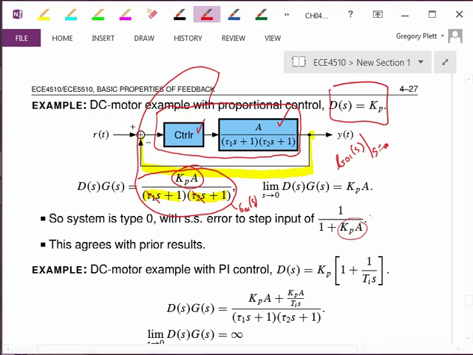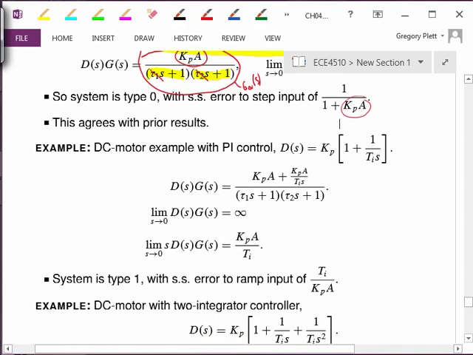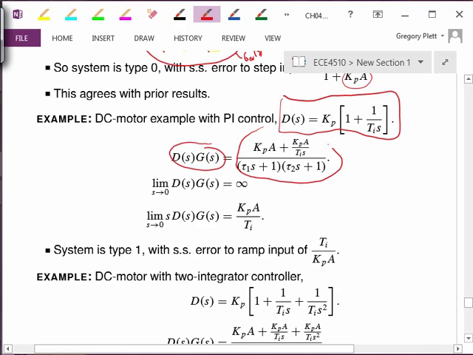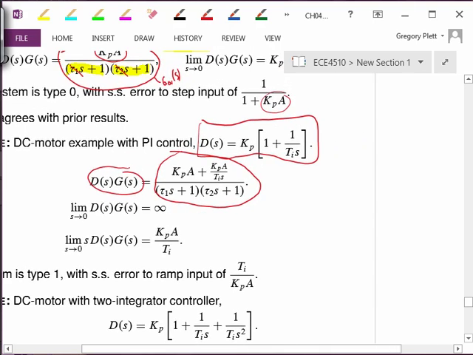Let's do the example again with, instead of a proportional controller, a proportional integral controller. So D of S now is Kp times 1 plus 1 over Ti times S. And then combining the controller and the plant together, we have this open loop transfer function. And it might be helpful if we rewrite it.